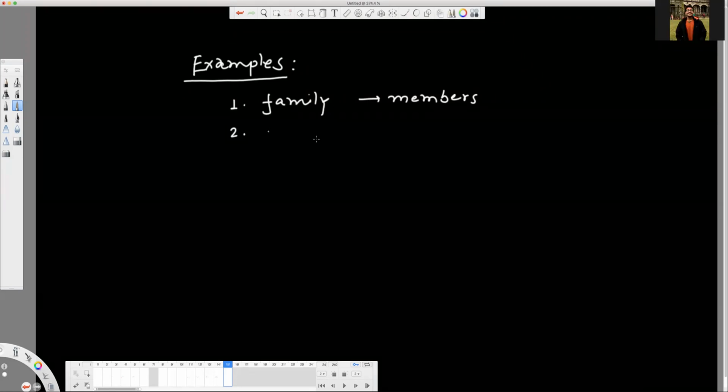Okay, let's say a movie network, an actors network. What will be the group? Actors are your nodes. So let's say these are members here. These are actors. What will be the group of actors?